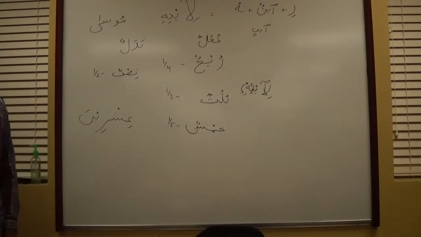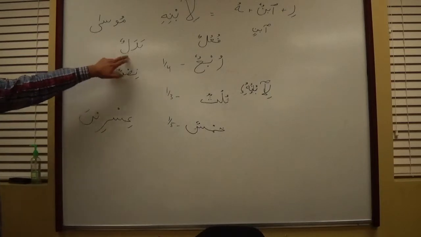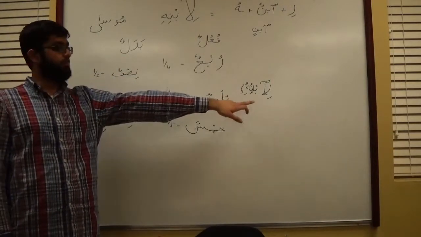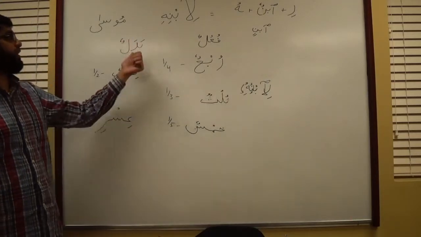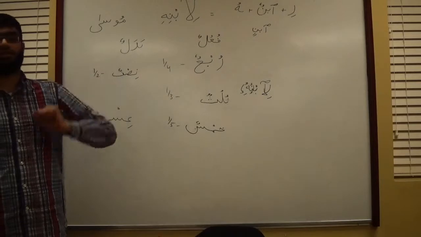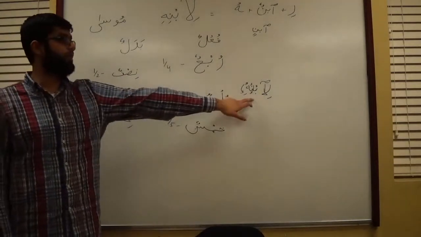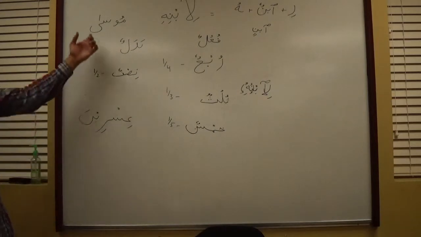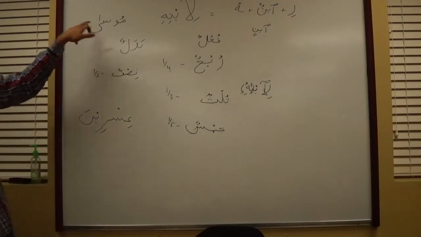Okay, what did we just say though? Musa is the badal for Ibn. So it's majroor. Ibn is majroor, so the badal takes on all of the characteristics, the case of the thing that it's substituting for. So if the Ibn is majroor, then the Musa will be majroor. But it doesn't look like it's majroor because it's an alif maksura.